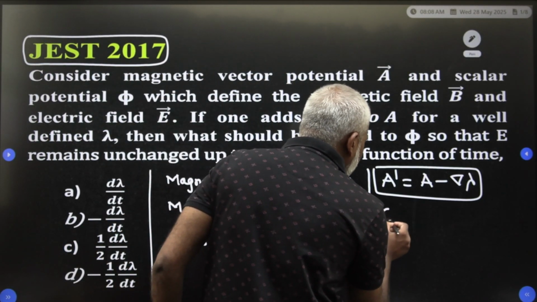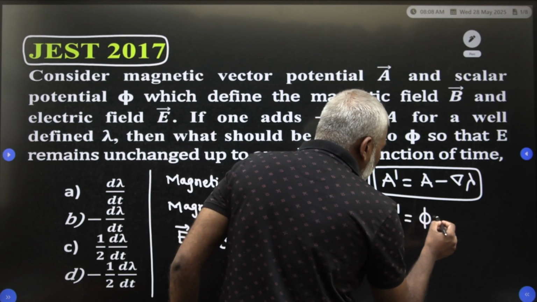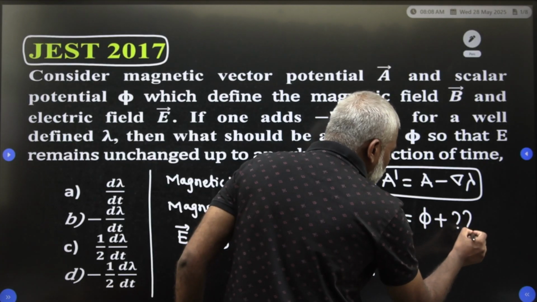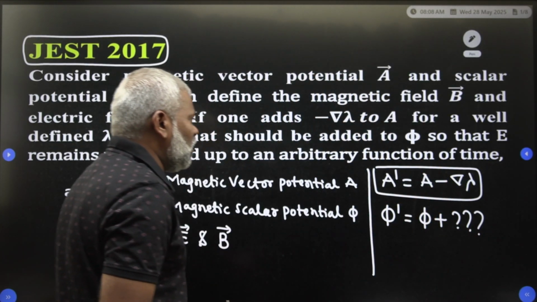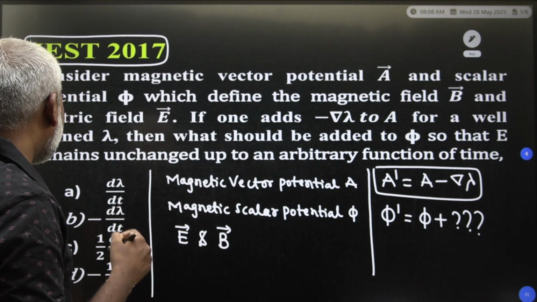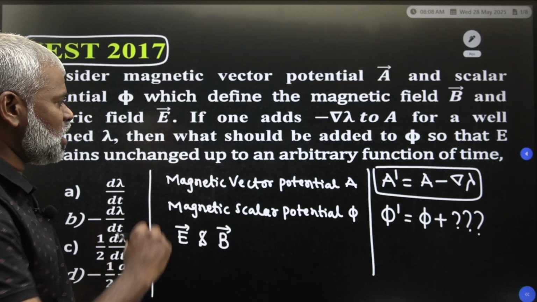Phi dash is equal to phi plus what? We need to find out what should be added to phi so that E remains unchanged up to an arbitrary function of time.